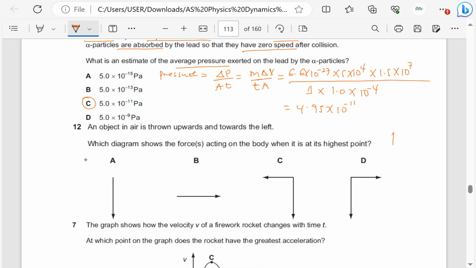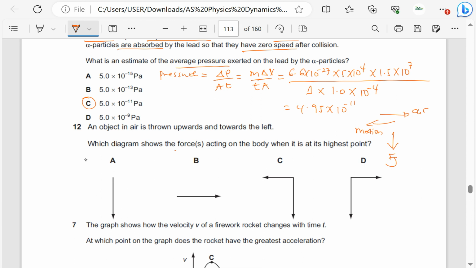Of course, the force due to gravity acts downwards. Because the object is thrown towards the left, its motion is towards the left, which means air resistance must be towards the right. So this is the air resistance.